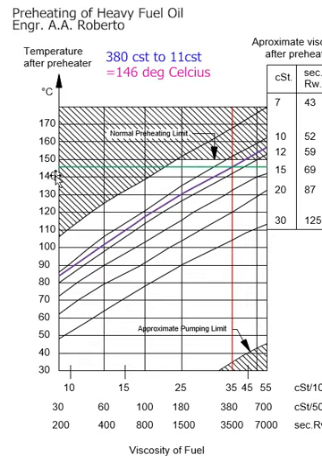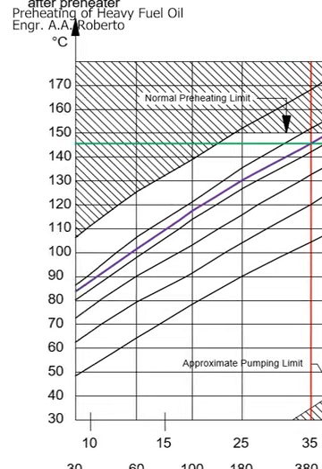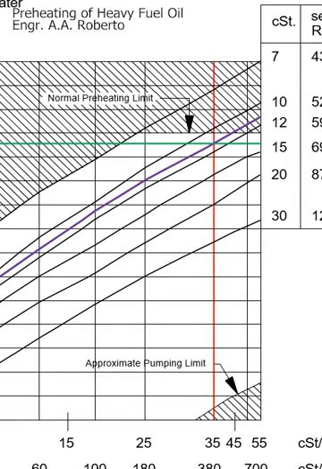And that temperature will be the temperature that we are going to set in our controller. If we need to have a 12 CST from 380 CST, I'll just erase this one and find the intersection between the two lines.